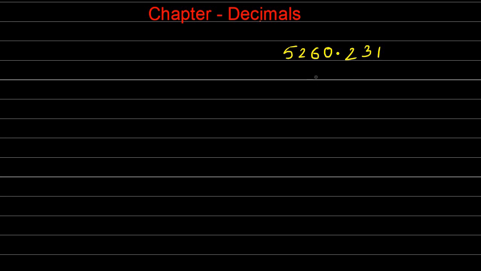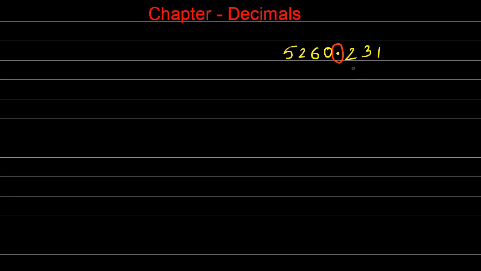While reading these decimals, after the decimal point, that is, the right side of the decimal point, every digit should be said separately. Like you can see 5260 point, it is actually 231. But after the decimal point, we are not supposed to say the number like 231. Each digit should be called separately.